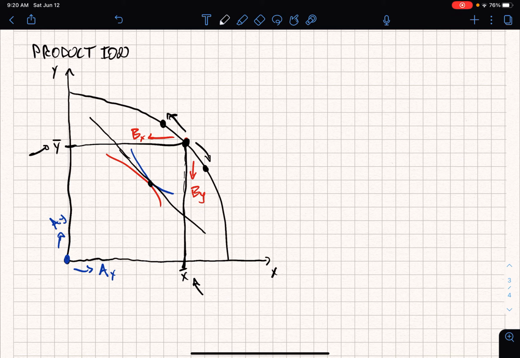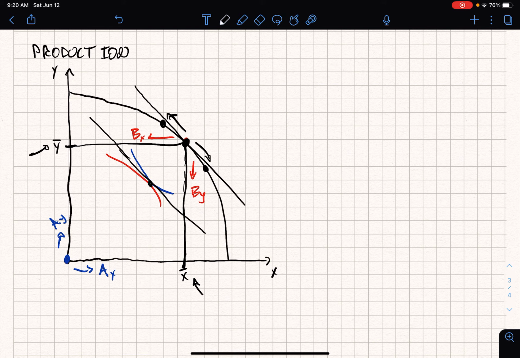And it just so happens that this trade-off at a societal level, we want to make equal to the price line, which solves the firm's problem.